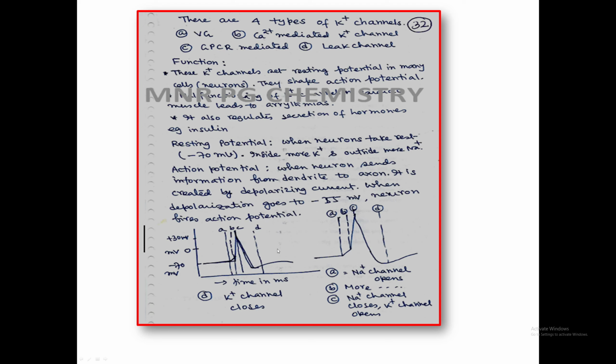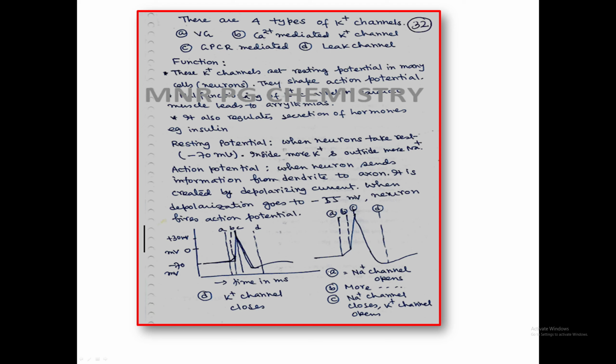So here we have written in this picture A, B, C, D. This is that electrical impulse, when the message, the signal, goes inside. It is not outside the neuron, it is inside the neuron. This is A, B, C, D.